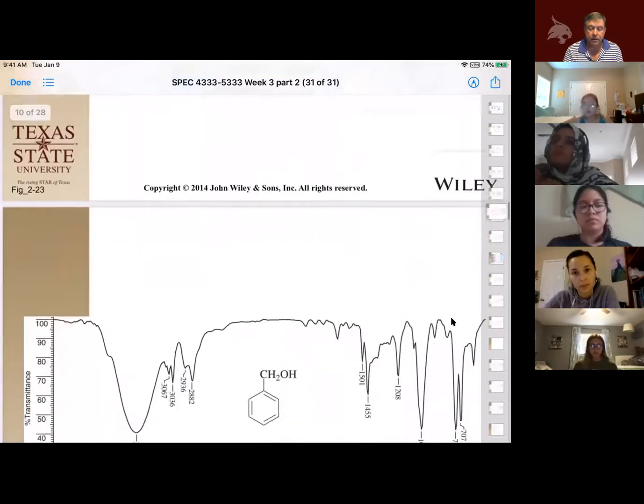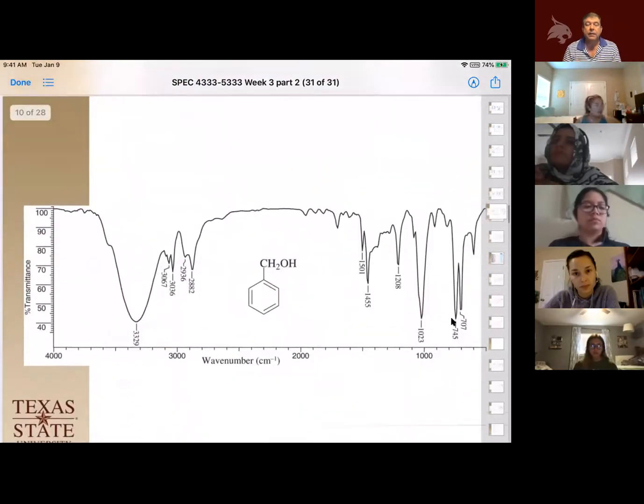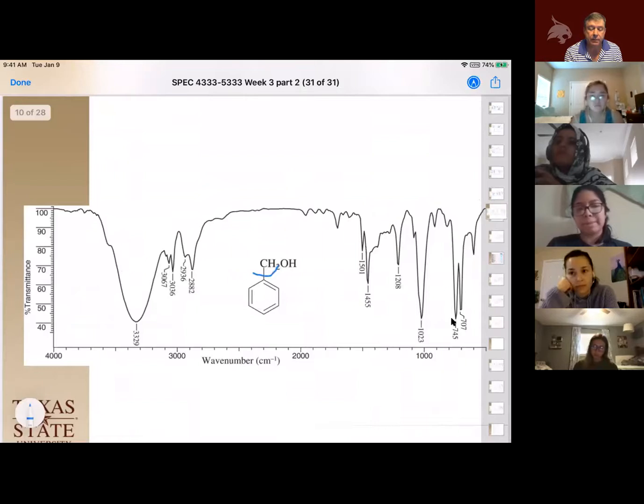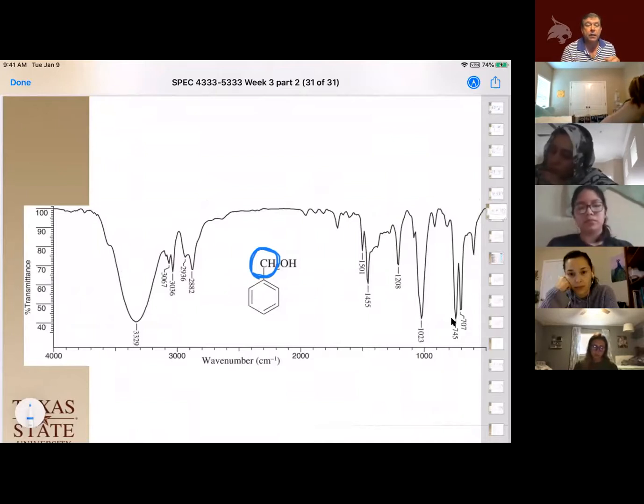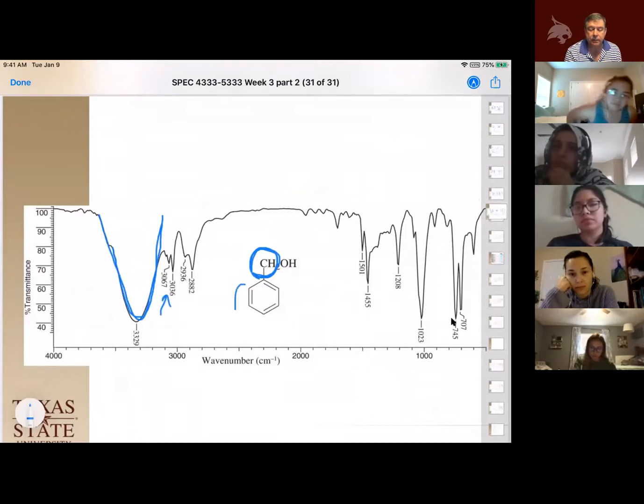Okay, so now let's look at a different kind of alcohol. So here, instead of being phenol, we have separated the OH from the benzene ring by this benzyl group here to give us benzyl alcohol. Okay, so notice that the peak is now not as broad right here. It's been separated from where the phenol was, and we actually get to see the benzene hydrogen peaks and these benzylic hydrogen peaks here.